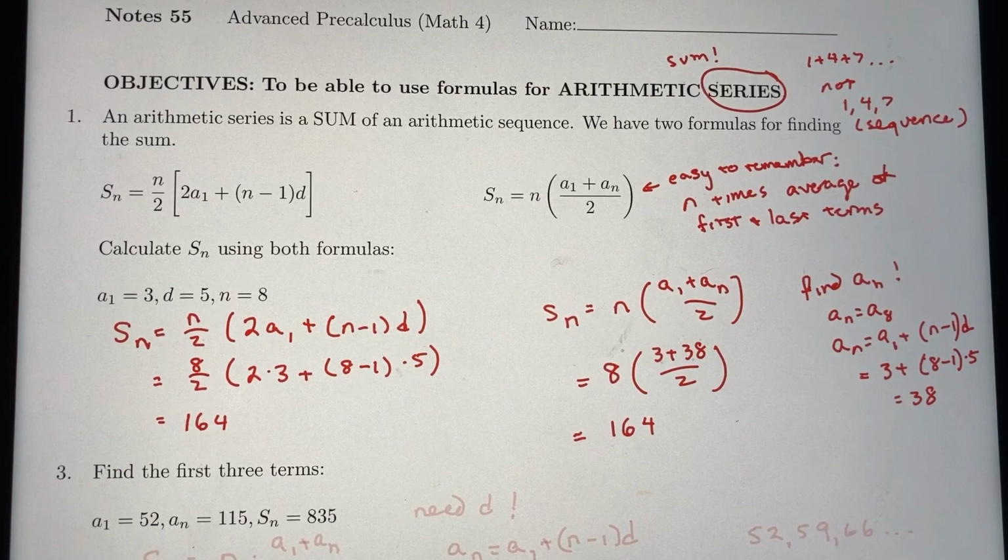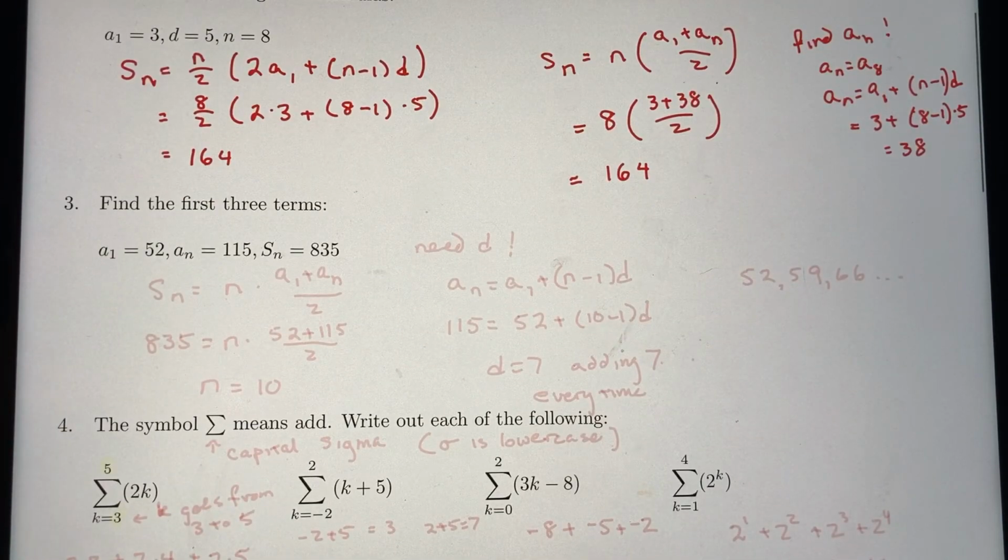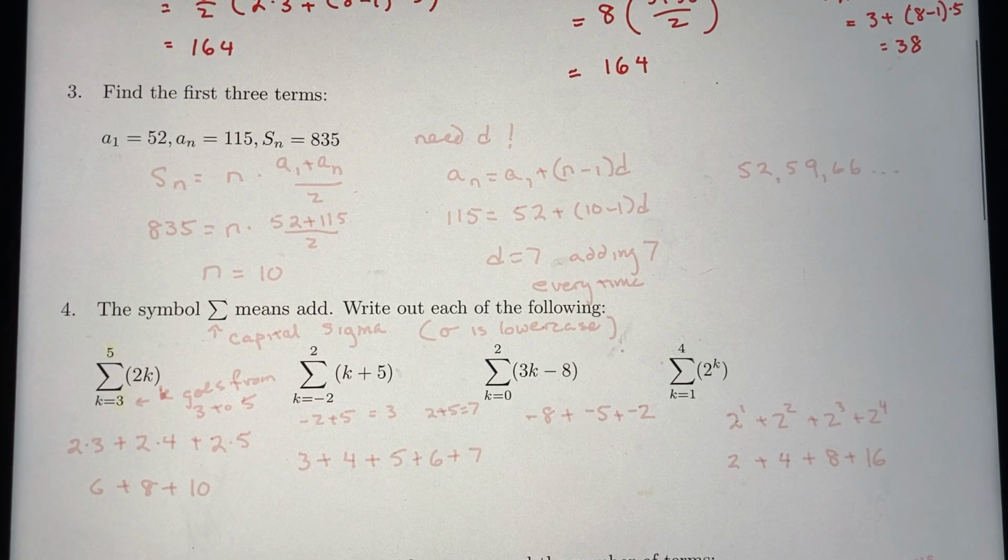All right, find the first 3 terms. We're going to, using S_N, I'll use the average formula because I have the first and last terms, but they defined N first.